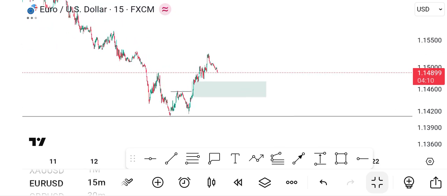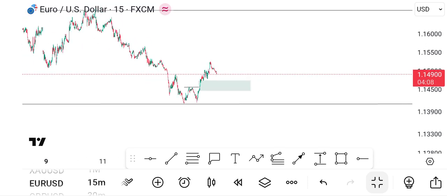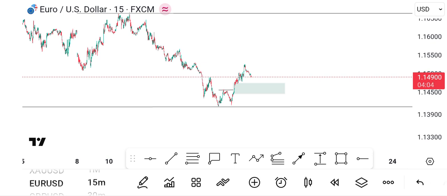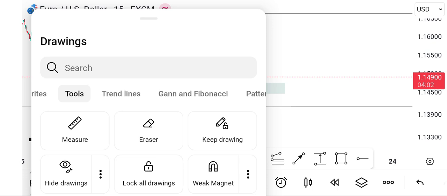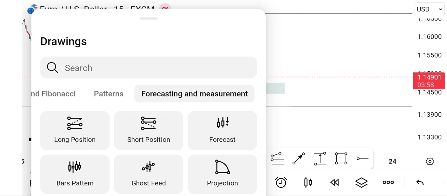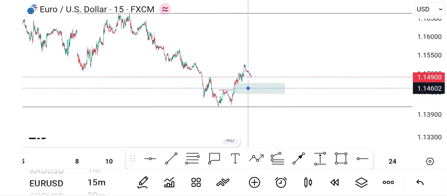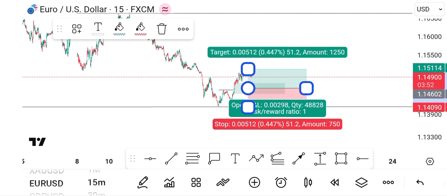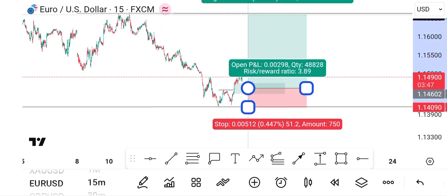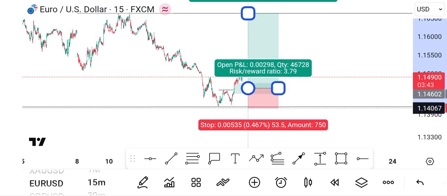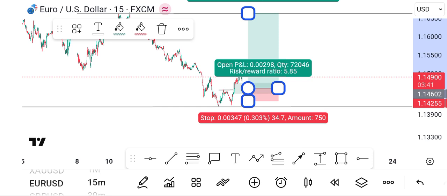Now it's going to look like something like this. So it's going to look like something like this from here, for example, and then price moves all the way to this level, and I'll put my stop loss somewhere right about here.